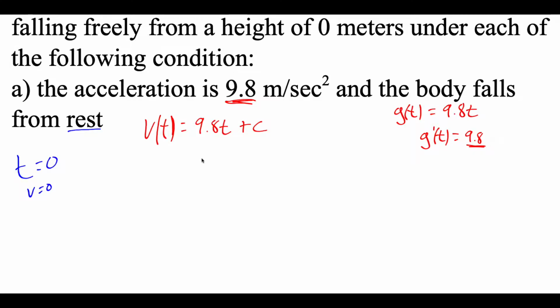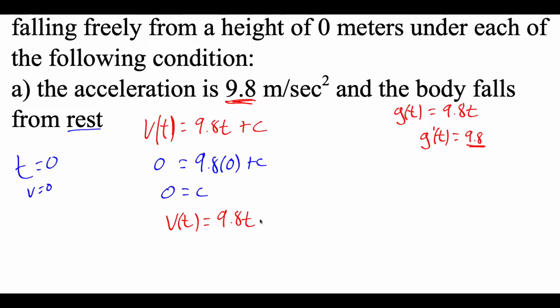So when our t value is 0, so 9.8 times 0 plus c, we know that our velocity is also equal to 0. Well, 9.8 times 0 is 0, so then we just get 0 as our c value. So then our velocity function, v of t, must just be 9.8t.